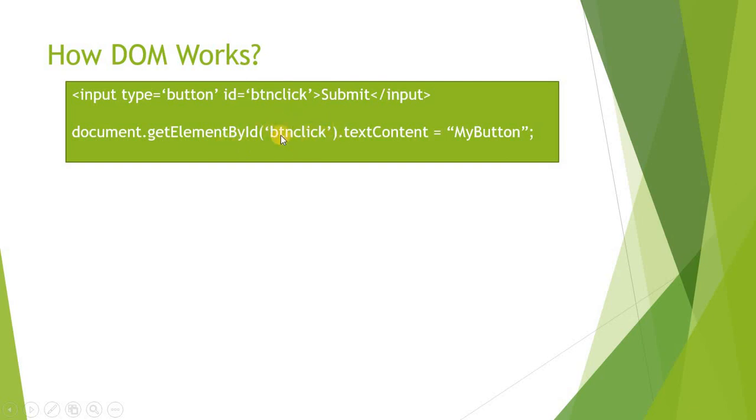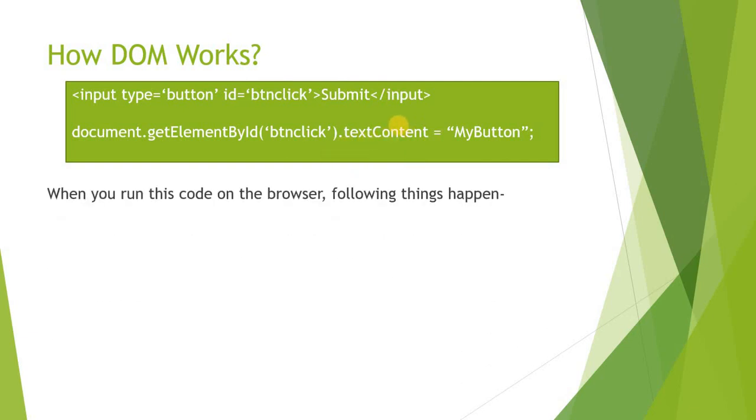Define the btnClick because we want to update this input type button which contains the ID of btnClick. Dot textContent is the property to set the title of the button. You can also use innerText as well, and we change the name to my button.